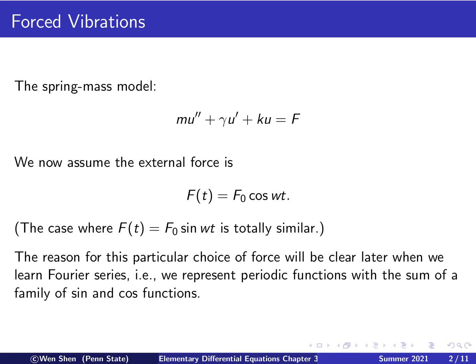And for linear problems, there's the principle of superposition, so you can treat each term separately. Therefore, studying a single cosine term or sine term on the right-hand side is very meaningful. So later on we'll come back to this.